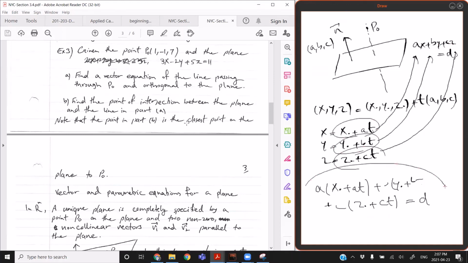Then you solve this equation for t. The moment you have t, you have the point, because you can plug t back into these equations and get the X, Y, Z of the point. Is this clear?